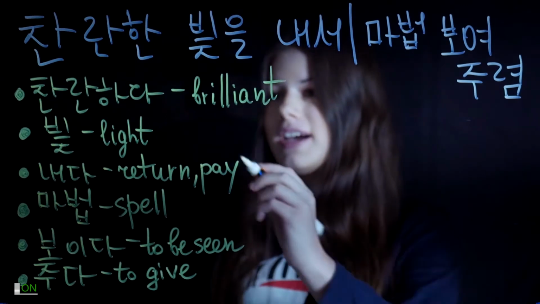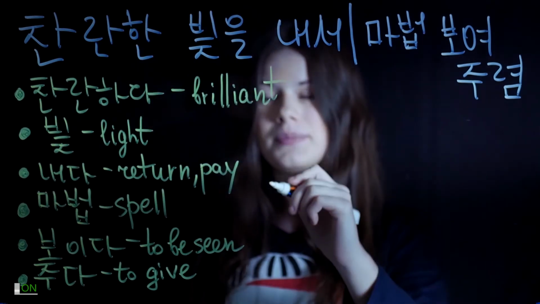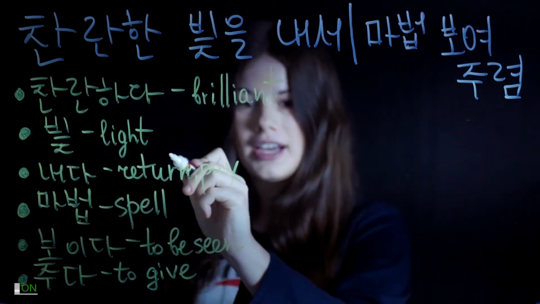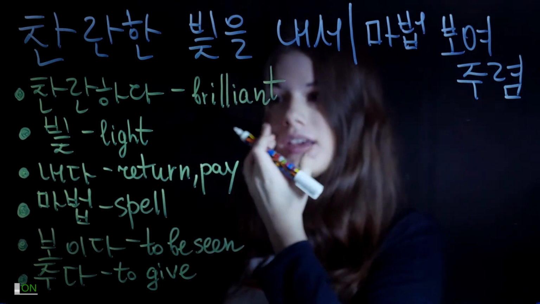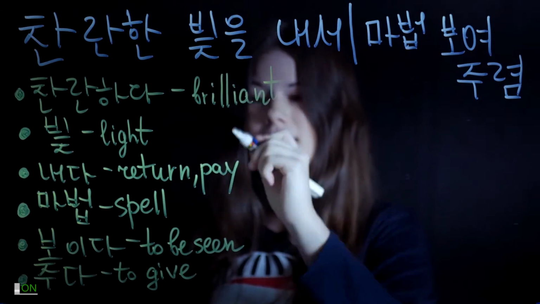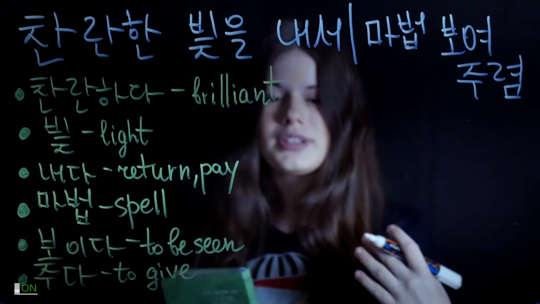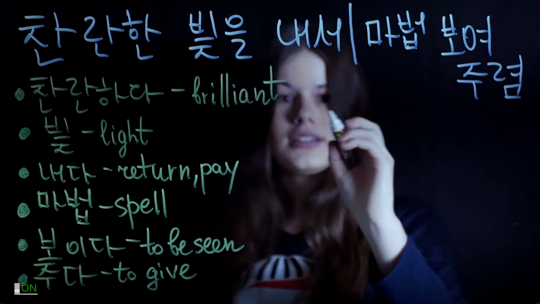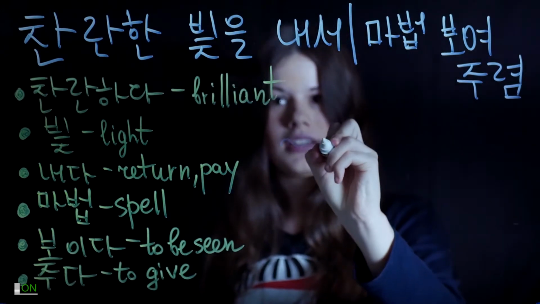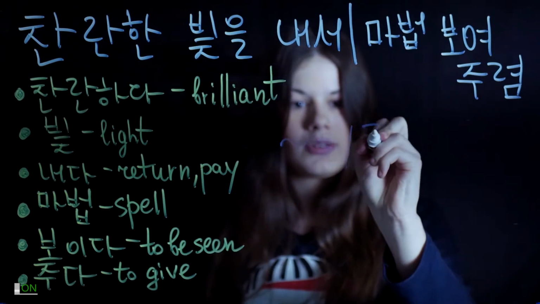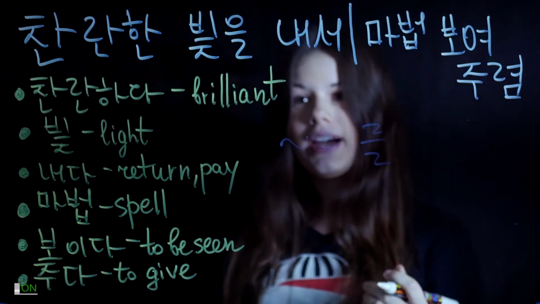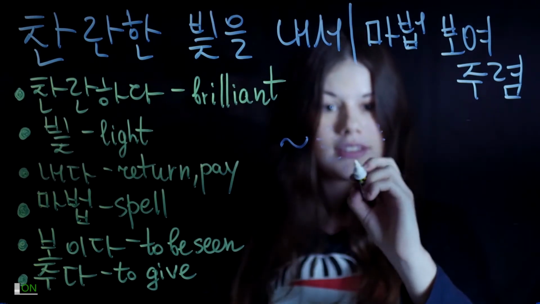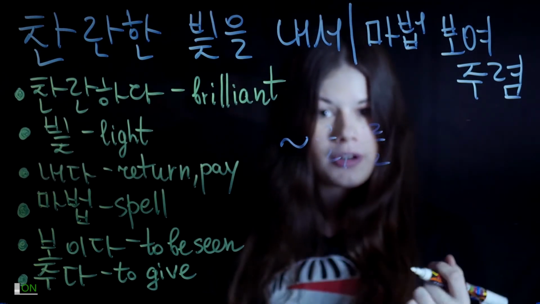So let's deal with 찬란한 빛을. 찬란한 빛, the word 빛 means light or ray. And 찬란한 빛 means brilliant light. Let me write it. 을 and also 를, we add these to nouns and it is an object particle.